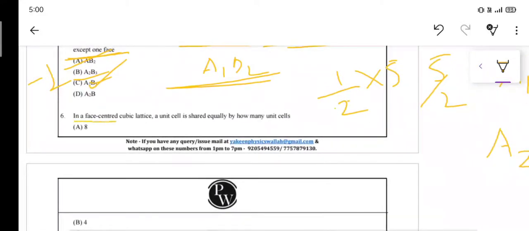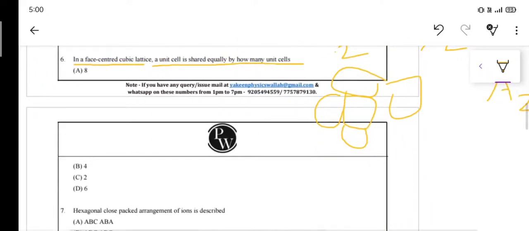In a face centered cubic lattice, a unit cell is shared equally by how many unit cells? So here it is asking a unit cell is shared by how many unit cells. I think it is coordination number, not rank.